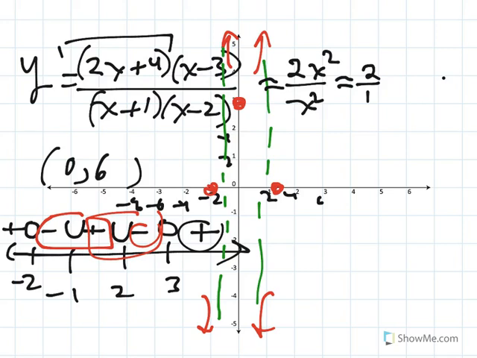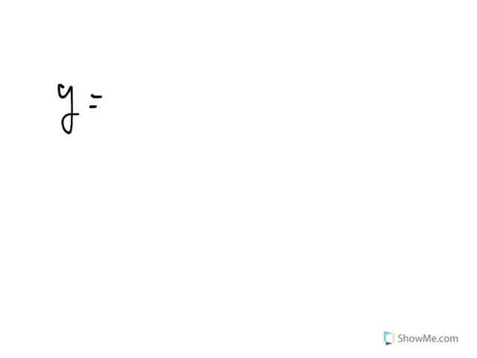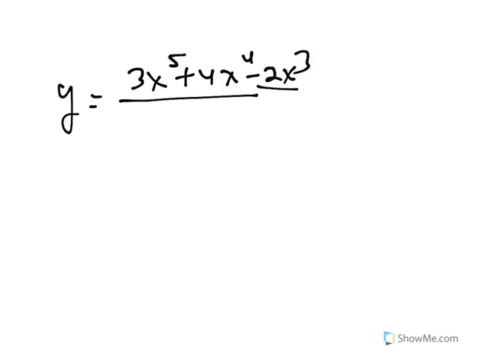And the rule is that if you ever have a rational expression where, let's just say there's just a bunch of stuff here and down here, these are equal, the degrees are both degree 5.